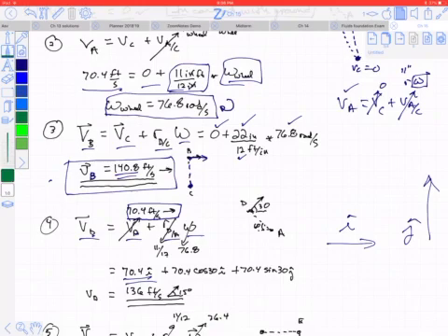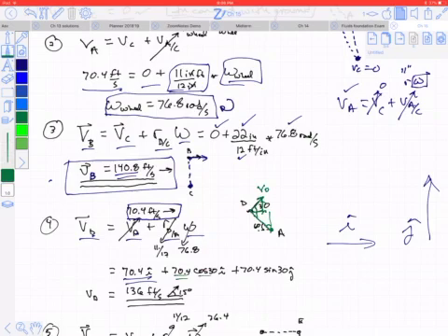VD with respect to A will be perpendicular to the line from A to D. So we have to take this velocity and get its angle and break it up into its horizontal and vertical components. If this angle is 30, that angle is 60, that angle is 30. So we take RDA, 11 twelfths, times 76.8, and we get 70.4 again.